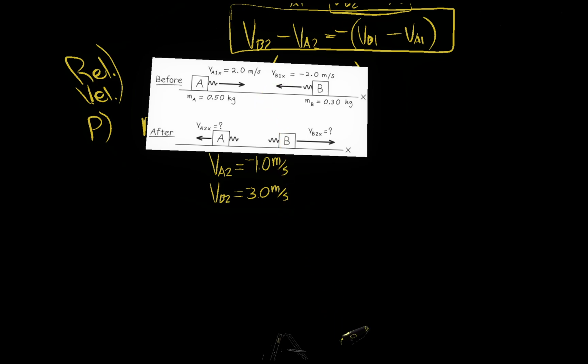That's relative velocity, B minus A, right? You just have to be consistent. So it's the inverse and equal in magnitude. They both bounce back and move away from each other, but block B is moving at 3 times the speed. That's what ends up happening physically. The relative velocity, VB2 minus VA2, is 4 meters per second, equal and opposite to their relative velocity before the collision.